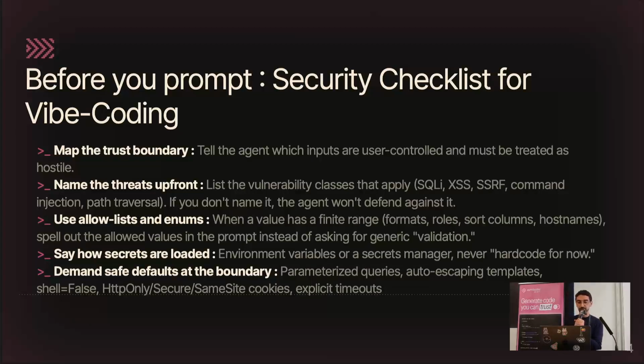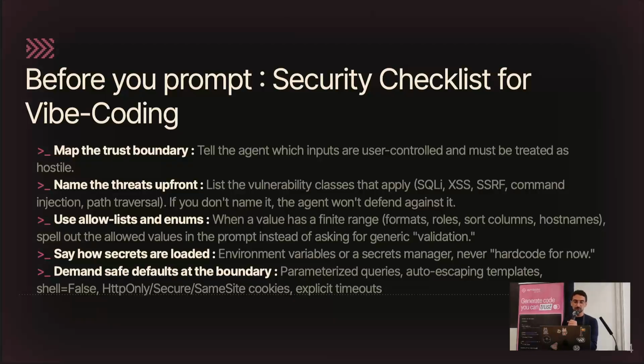If you don't name them, the agent won't defend against them, because the agent is most of the time concentrated on implementing the feature for you and not on the security of the feature it is implementing. Also use allow lists and enums, which means when a value has a finite range, for example formats, sort columns, spell out the allowed values in the prompt instead of asking for generic validation.